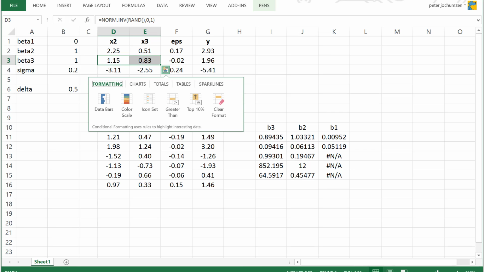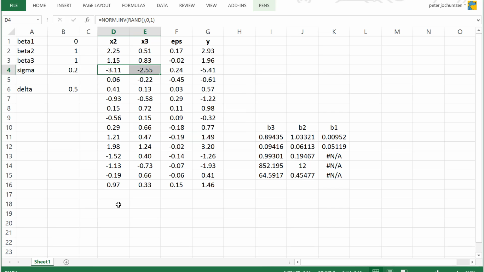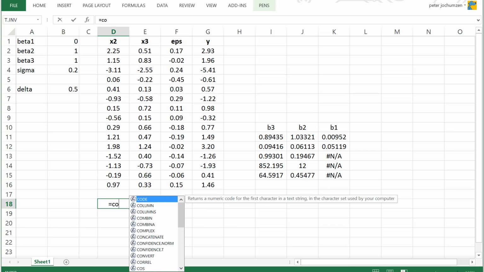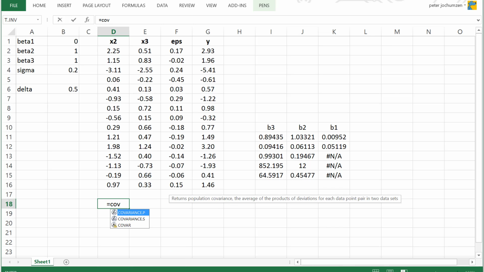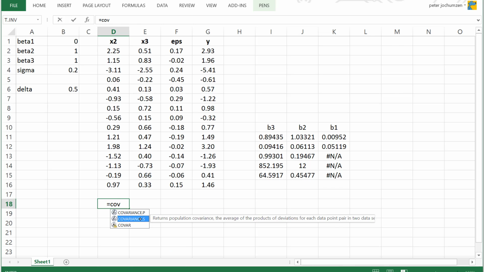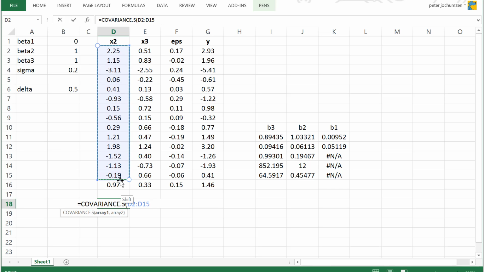Since the covariance is the same between every two pairs, the sample covariance will then be a good estimate of the true covariance. So if I do the sample covariance and I put this one and this one, then this will be an estimator of the true covariance 0.5.